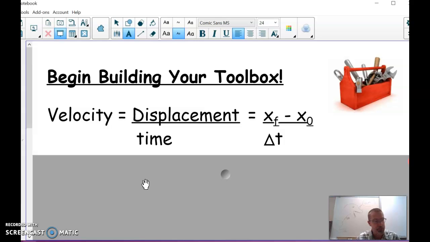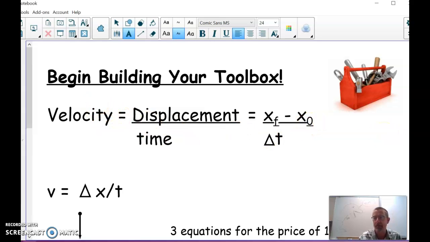So the very first equation that we're going to give you: you should know that our displacement is going to be x final minus x initial. Okay, our first equation, and again it's going to seem a little bit simplistic here, is going to be the idea of displacement divided by time.